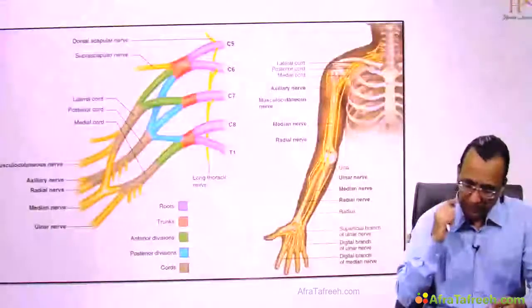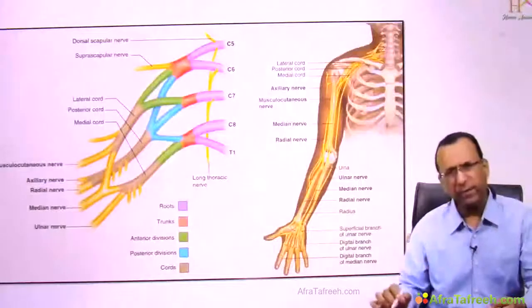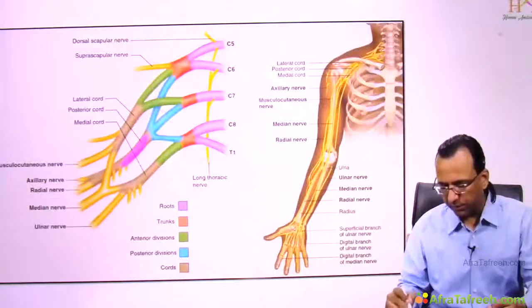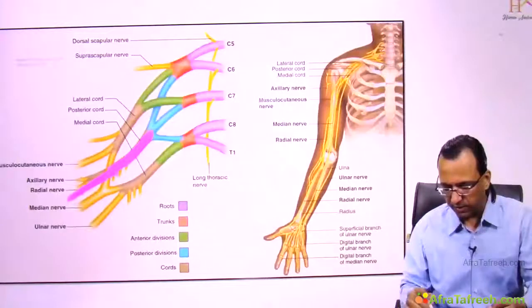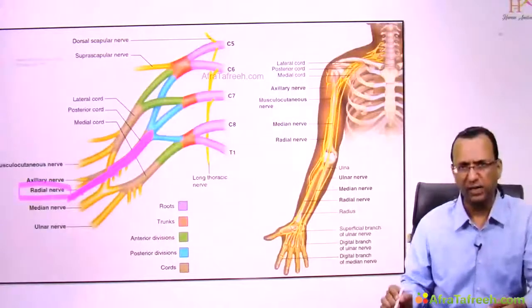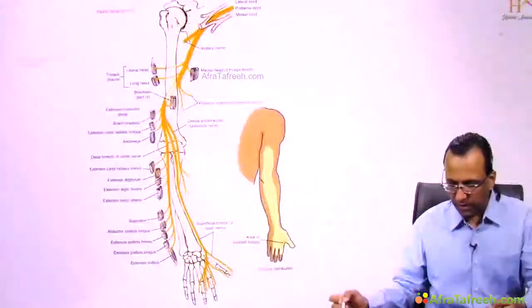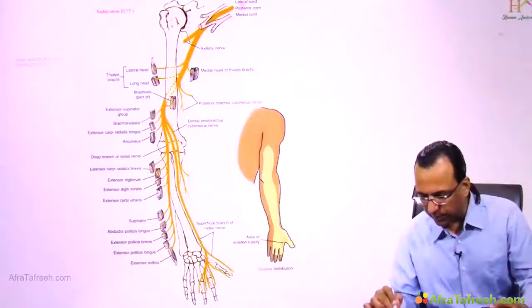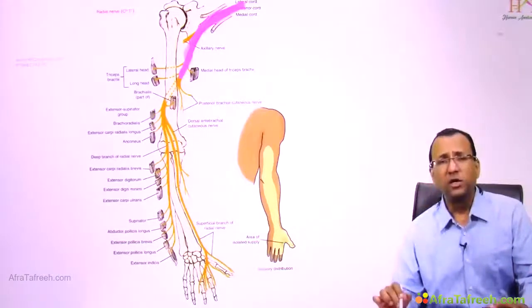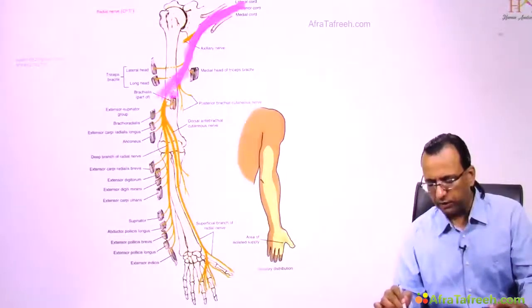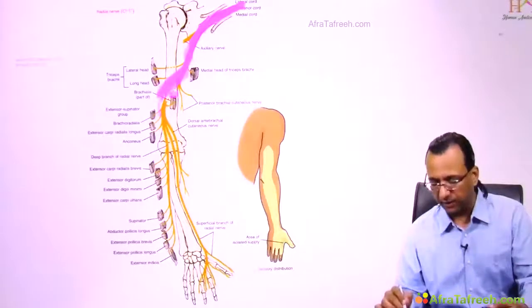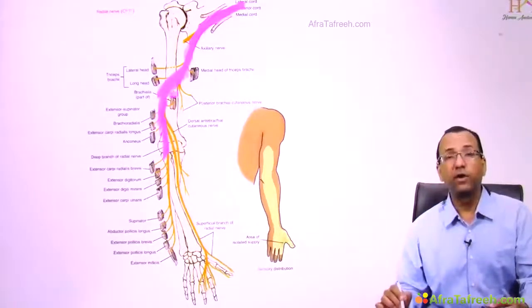Now, your job is to discuss some details. You remember, it was the posterior cord of the brachial plexus continuing as the radial nerve. The radial nerve is the nerve of the posterior compartment. Let us look at the supply it is doing. The posterior cord of the brachial plexus gives the radial nerve, which goes behind the humerus in the radial groove and comes in front of the lateral epicondyle, where it divides into 2 branches.